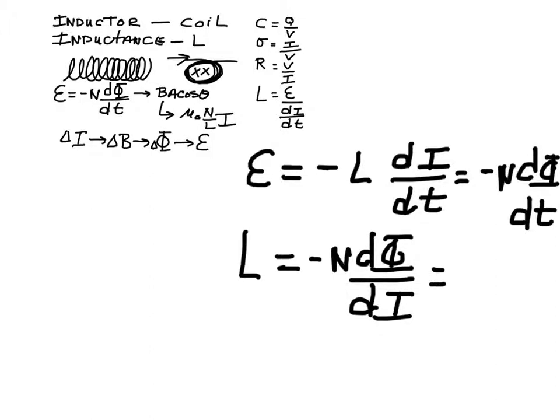And we can further simplify this so that we can think of L as the ratio of flux that you get in any situation to the amount of current that's present. So think about the logic of this. If you have a situation where you get a lot of flux per unit current, then you're going to have a high inductance per winding.